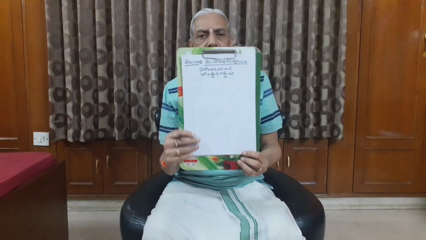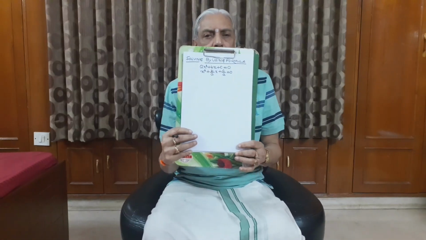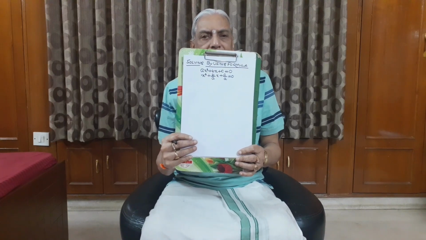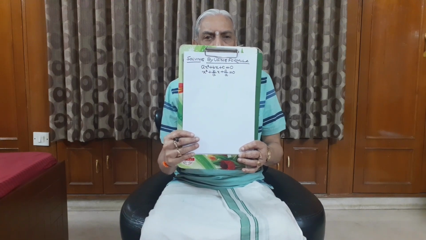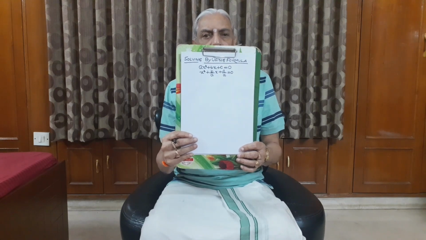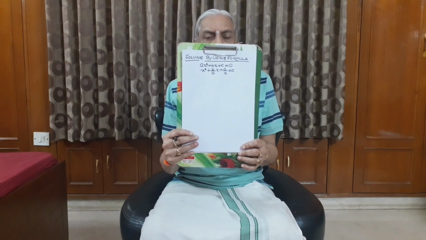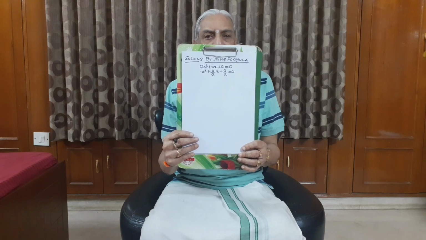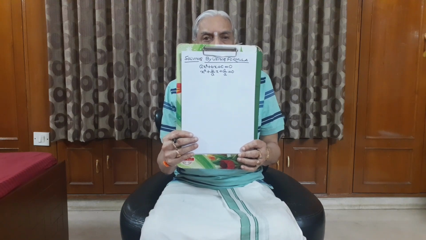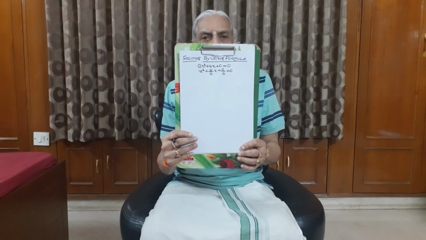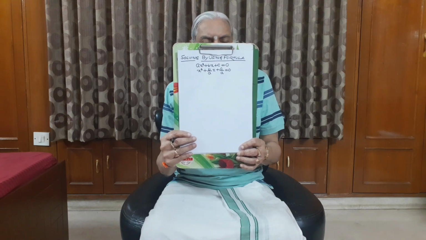Am I right? Because while solving the quadratic equation by completing the square, the coefficient of x squared must be 1. Here, the coefficient of x squared is a. Therefore, to remove it, I have divided the entire equation by a. So, what will it become? x squared plus b by a of x plus c by a is equal to 0.